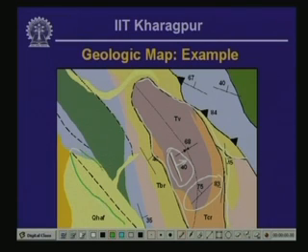are indicative of inferred fault location, about which the geologist who prepared this map is quite sure, whereas lines like these indicate faults.